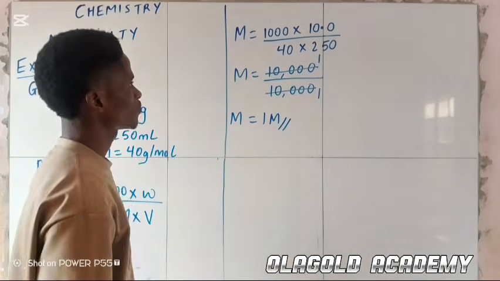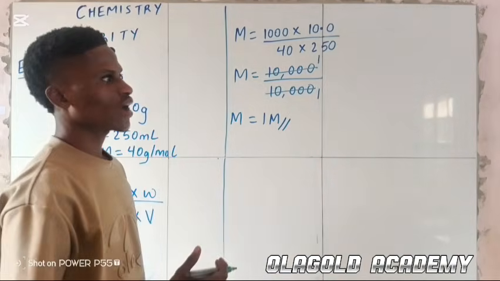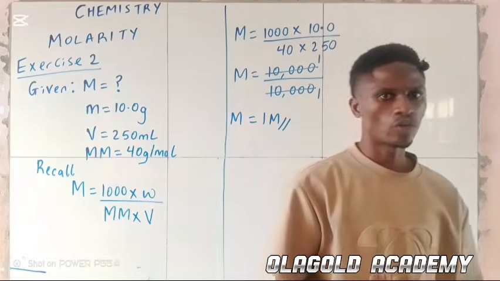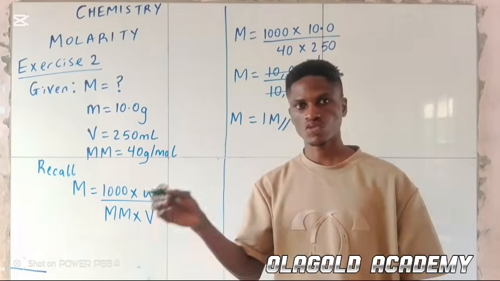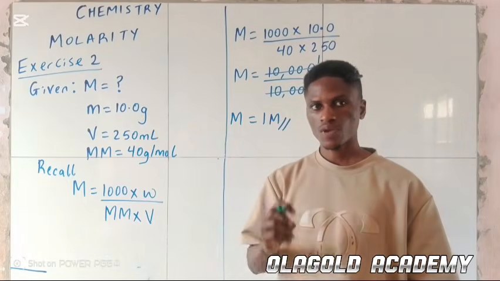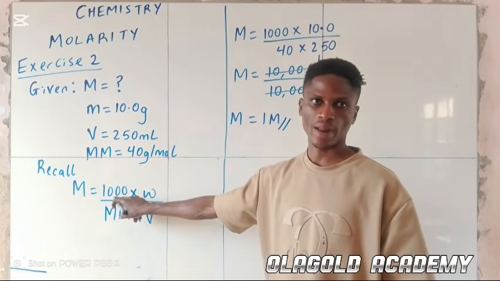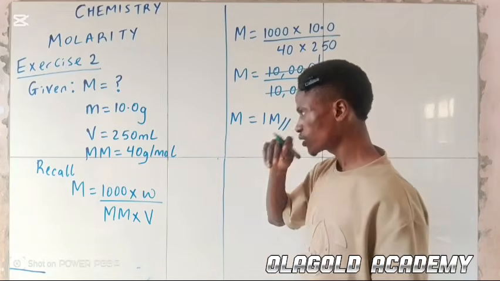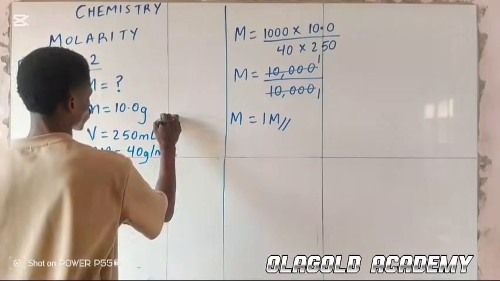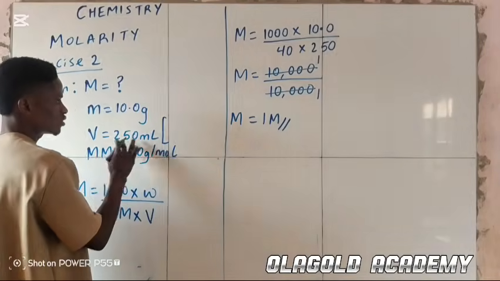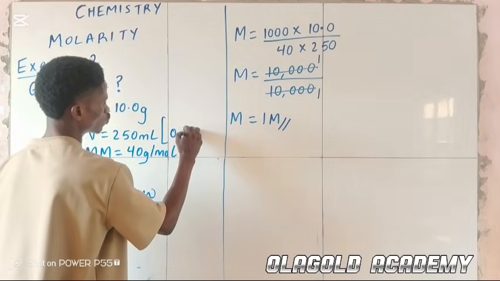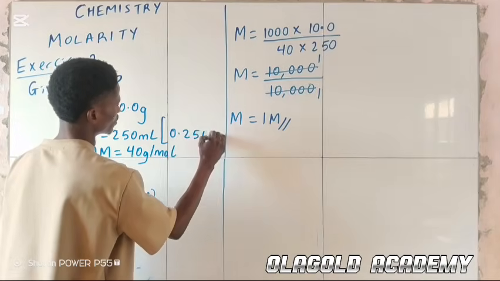Now let me say that I convert from milliliter to liter. I'm not going to make use of the 1000 here. Let's see how I'm going to apply the formula. Converting to liter, I get 0.25 liters.